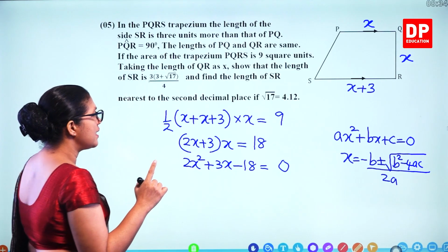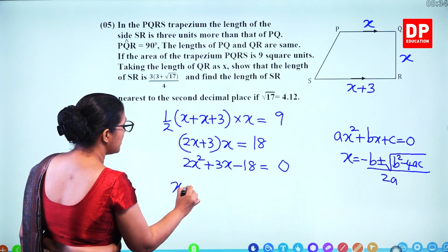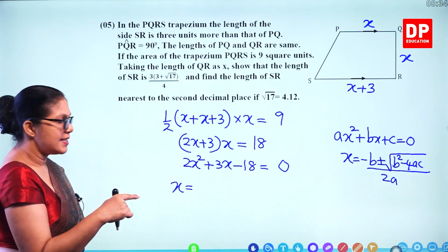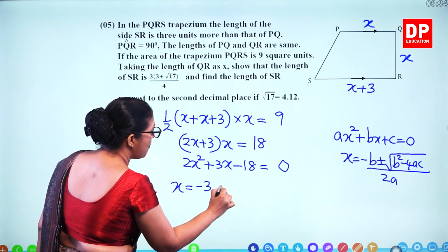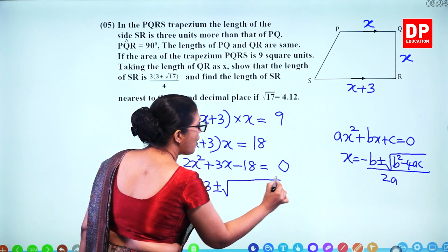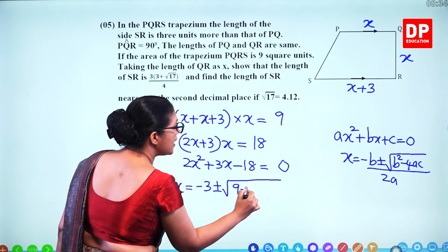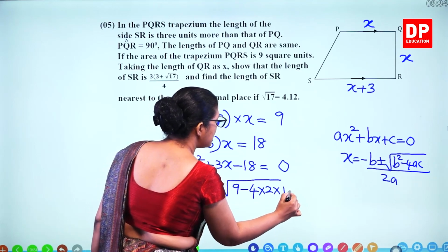Now we'll apply that. a is 2, b equals 3, c equals minus 18. Minus b, so minus 3 plus or minus the square root of b squared. 3 squared is 9 minus 4, a is 2, c is minus 18.